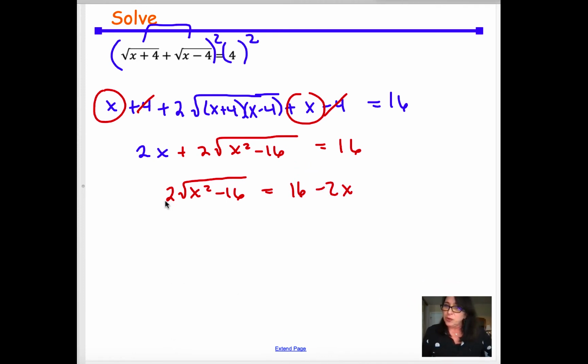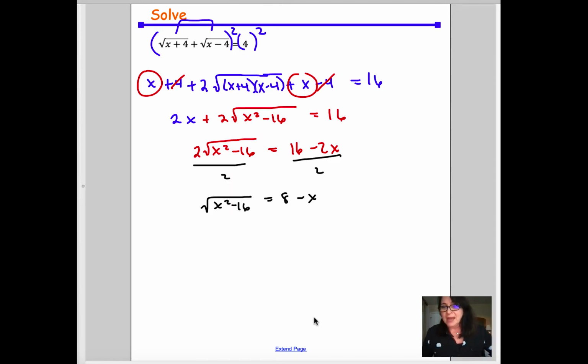I do see a 2 here that I can cancel. I'm going to divide the whole quantity by 2. In doing that, I now have the square root of x squared minus 16 equals 8 minus x. I'm still trying to solve for x, but this x happens to be underneath this root. So again, I need to square this one more time.